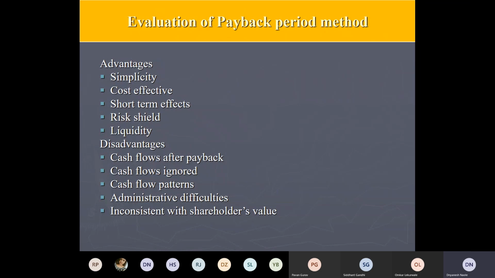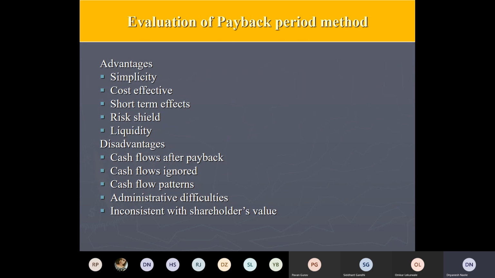Okay, if it is more than the standard payback period, the project needs to be rejected. It will not be taken for further analysis. Okay, so finding out the maximum payback period is basically a difficult thing as far as the administration is concerned.